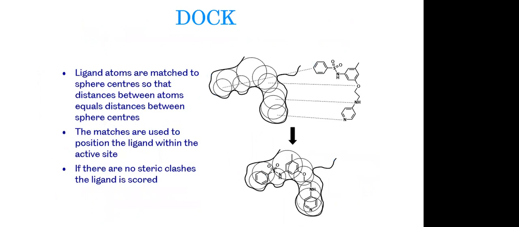You can see ligand atoms that are matched to the spheres, complementary to the receptor. Those atoms at equal distances between the spheres are matched to the active site, and if there are no steric clashes, that ligand is scored.